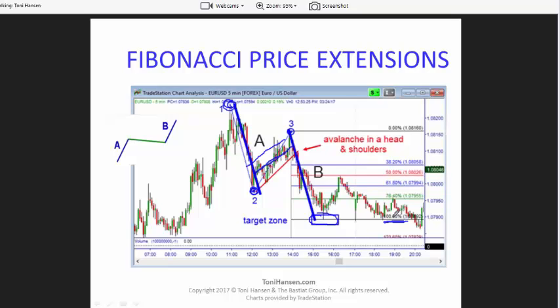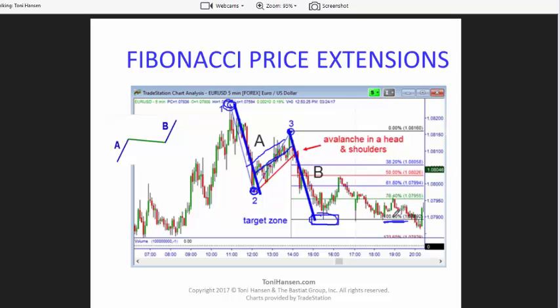As with most cases, though, it's very rare that we see that sort of exact equal move as far as momentum goes and as far as price goes. But this gives you a general idea, especially if you're day trading where you need to make really quick decisions. Oftentimes I'll enter a trade and I will have an exit order on the books for that day trade that is at these Fibonacci extension levels.